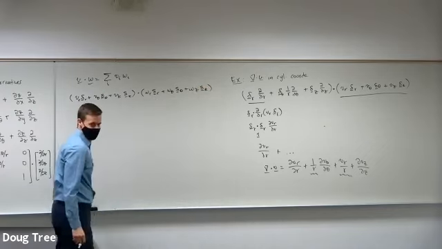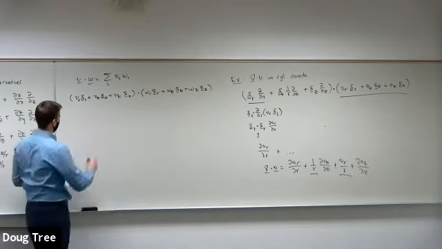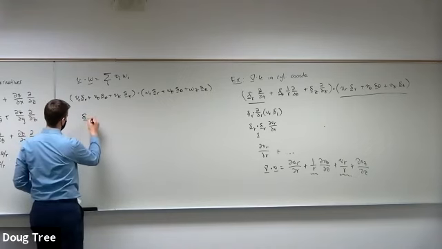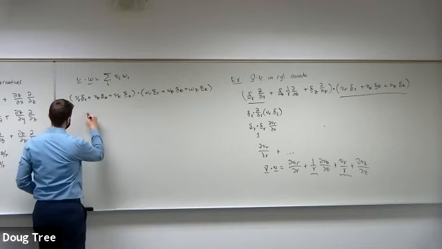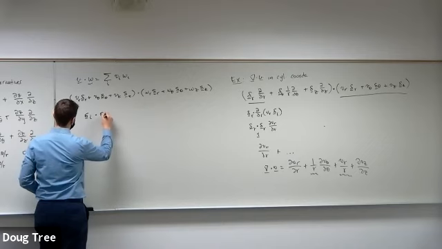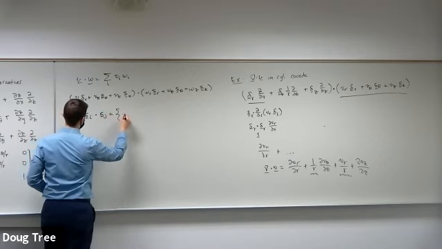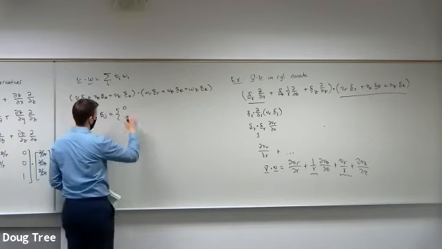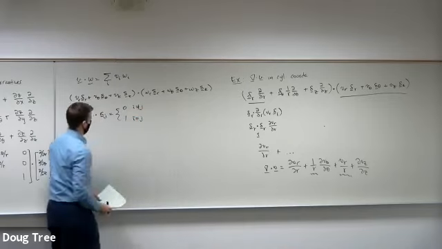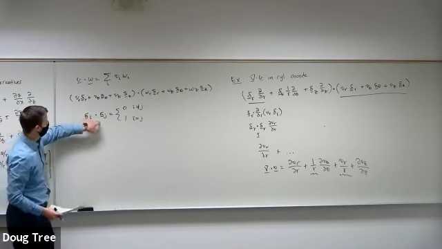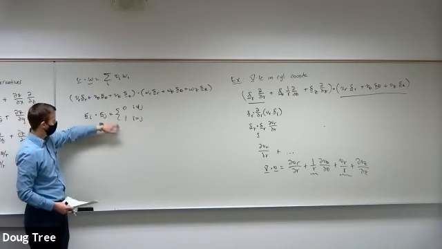And the property that delta i dot delta j is equal to 0 and 1, if i doesn't equal j and if i equals j. If I take that and apply that, that's what gives me this.